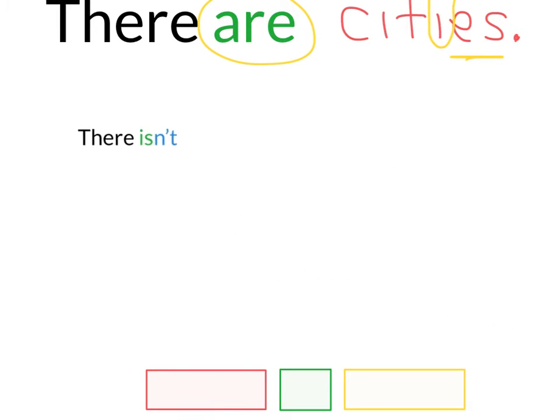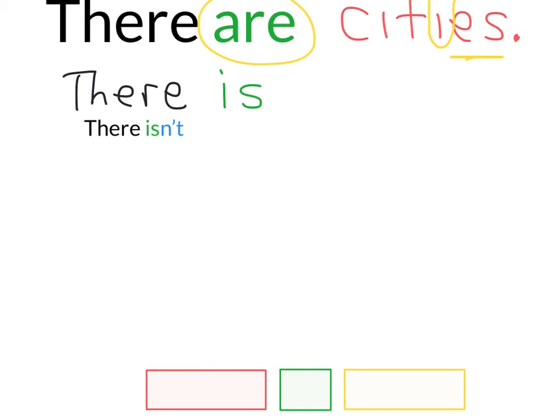If we want to say there is not this way, so before I had, there is, the verb, so I'm using green. There is not.